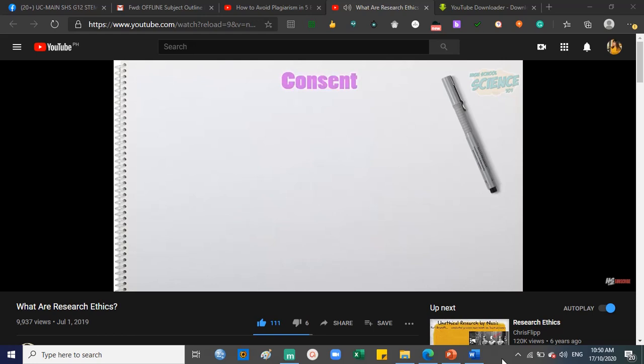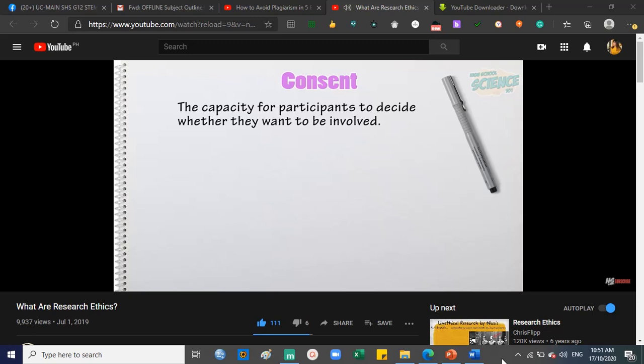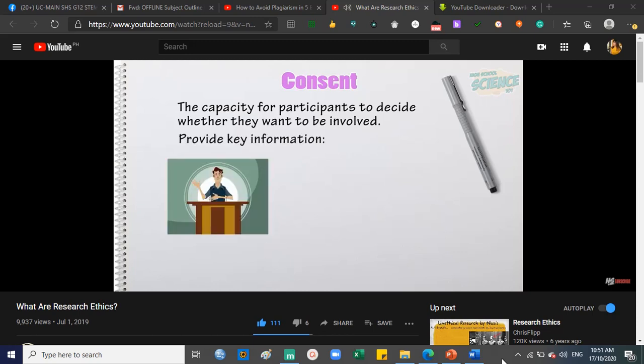Consent is another really important aspect of ethical research, and it basically involves giving people the capacity to choose whether or not they want to be involved in your research. This includes potential participants understanding what your research is about and what's required of them. There's a lot of key information that you need to give to potential participants.